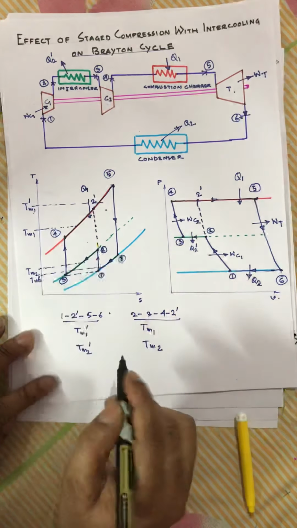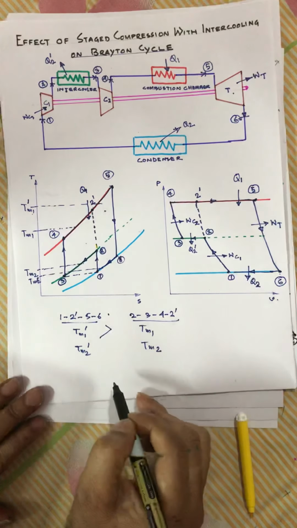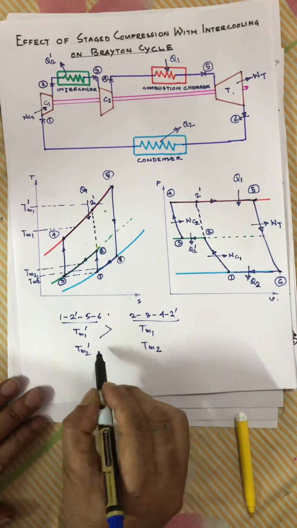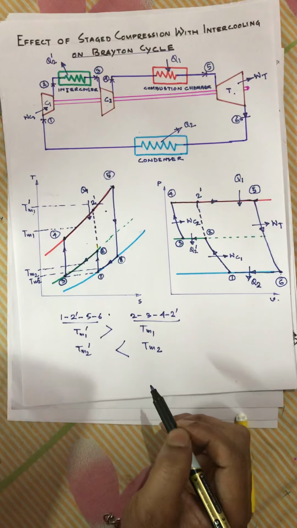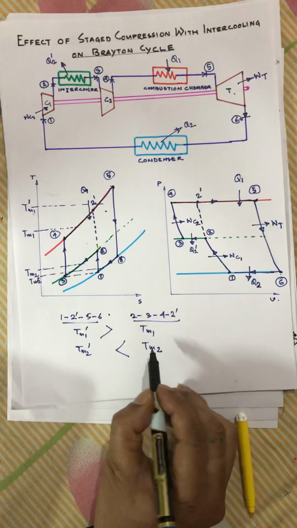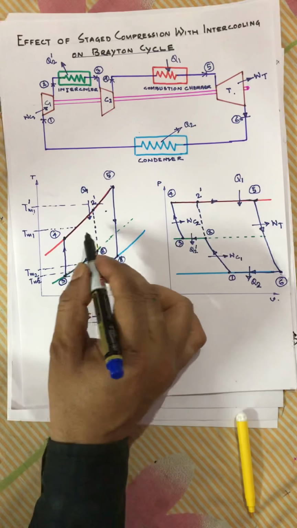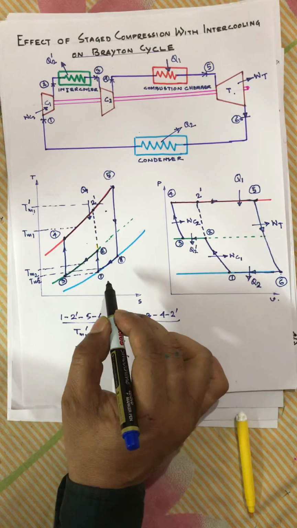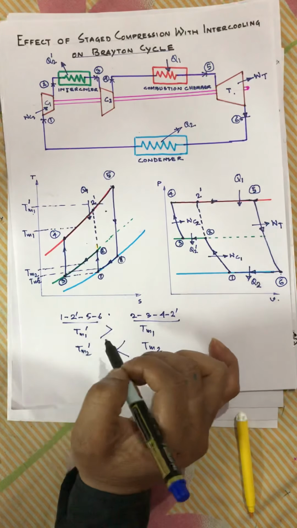Now from this diagram, it is clear that Tm1 dash is greater than Tm1, but Tm2 dash is less than Tm2. So the efficiency of the cycle with staged compression and intercooling will be low.